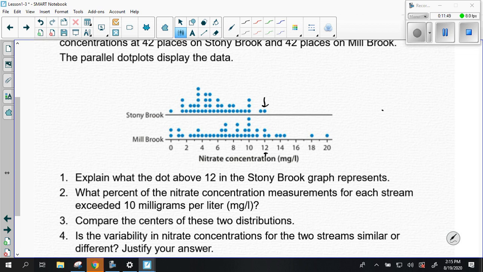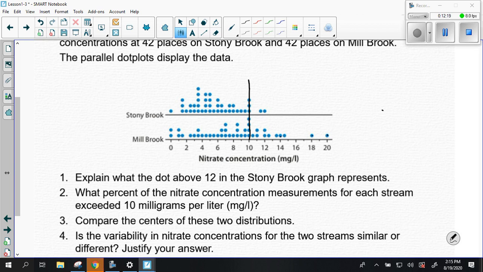What percent of the nitrate concentration measurements for each stream exceeded 10 milligrams? So for each one of these streams, we're looking at which ones exceeded 10 milligrams. Essentially we've got a cutoff going right here. How many of them were there? There were 1, 2, 3, 4, 5, 6, 7, 8, 9, 10, 11, 12, 13 of those. 13 out of how many?